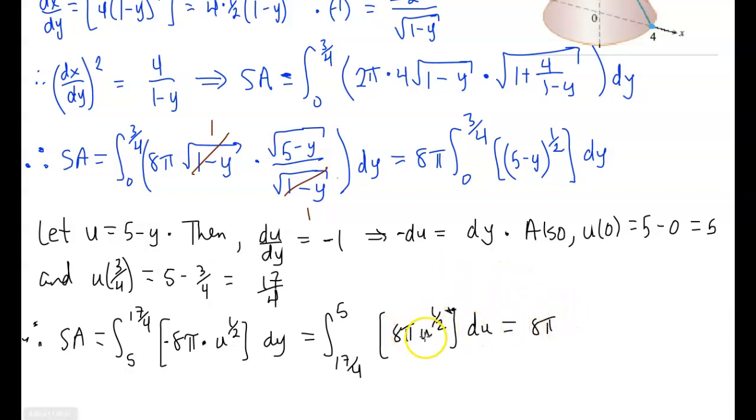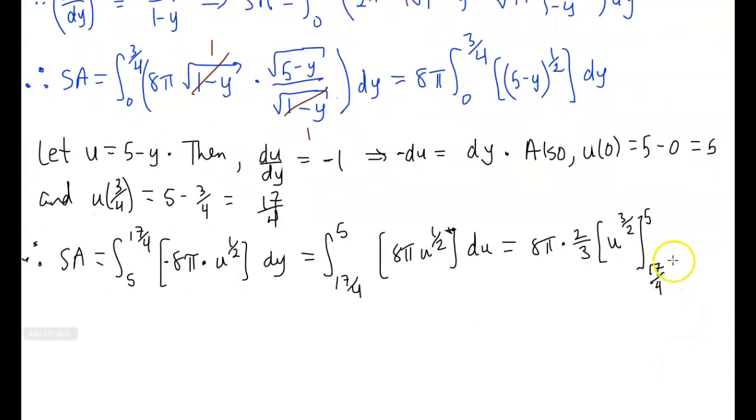And if we take the antiderivative of u raised to the 1/2, that is just going to be 2/3 times u raised to the 3 over 2. Because again, we're adding 1 to the exponent and then dividing by 1/2 plus 1. And then we evaluate that from 17 over 4 to 5.